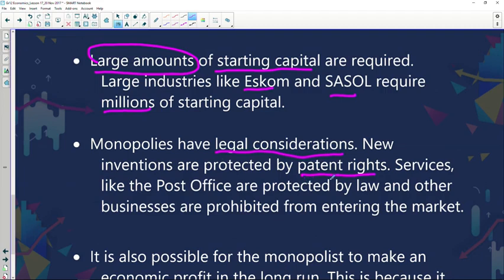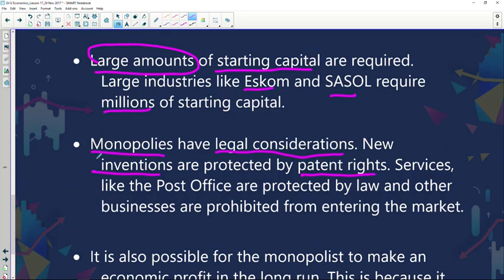There are rights imposed on new inventions, and this makes it difficult for new businesses to copy these new inventions produced by the monopolies. The patent rights act as a barrier to block other firms from entering this market.